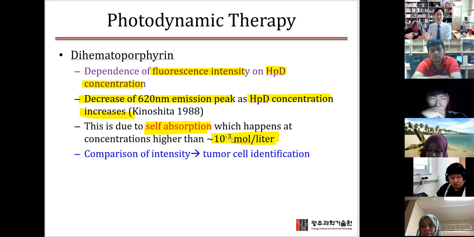But when the concentration is lower than 1 millimole, the fluorescence intensity comparison can be used for tumor cell identification.